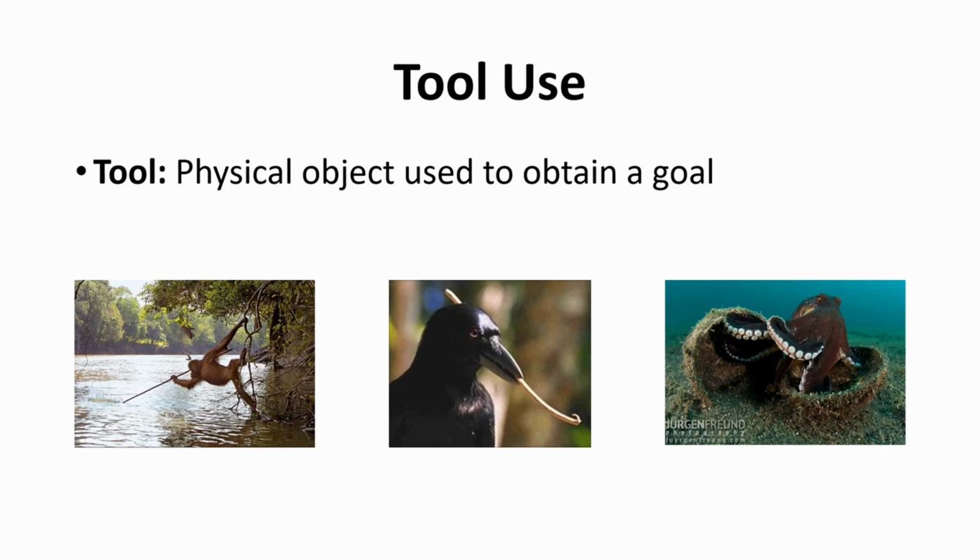So our first step here should be to define what we're talking about when we're talking about tools. So a tool would be a physical object that is used to obtain a goal. Usually these goals are things like obtaining food, but there are other instances in rarer cases.